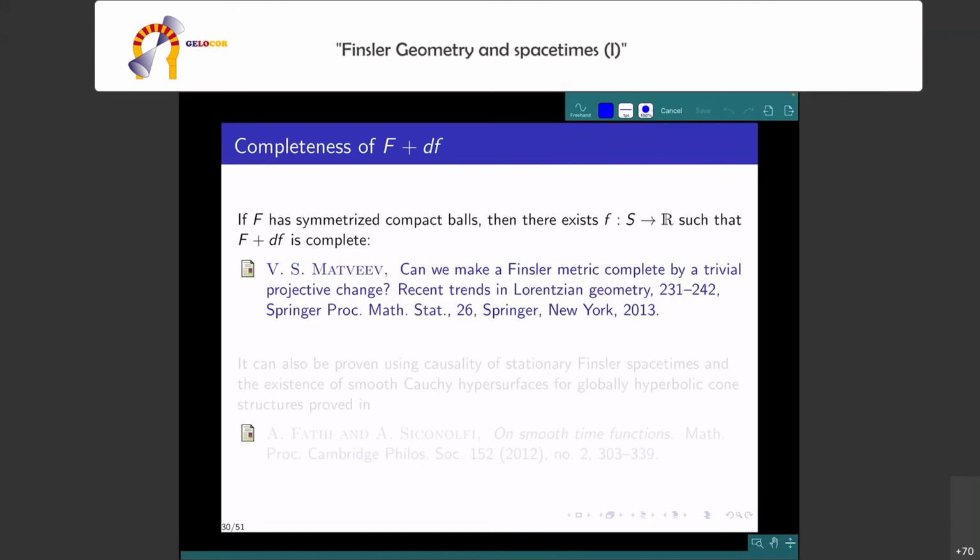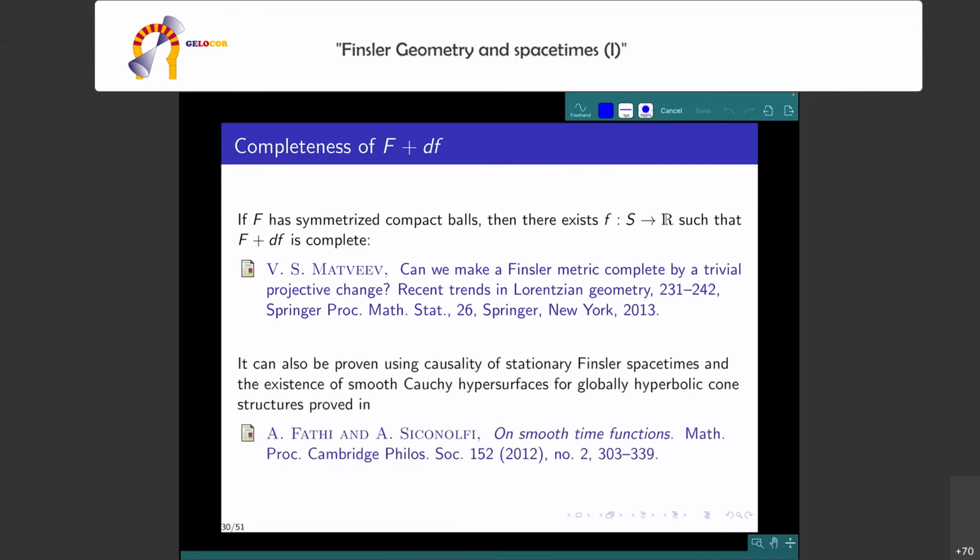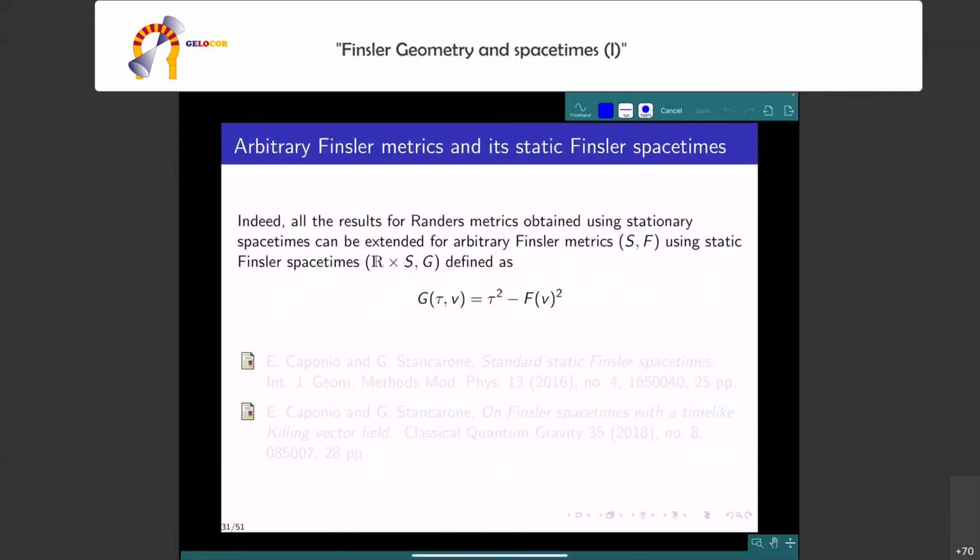But the point is that by this time, in 2012, a paper appeared working with cone structures and proving that in a globally hyperbolic cone structure, there exists a smooth Cauchy hypersurface. So using this result by Fathi and Siconolfi, by the same period, you can prove the existence of this function, with which you obtain a complete metric using Finsler spacetimes.